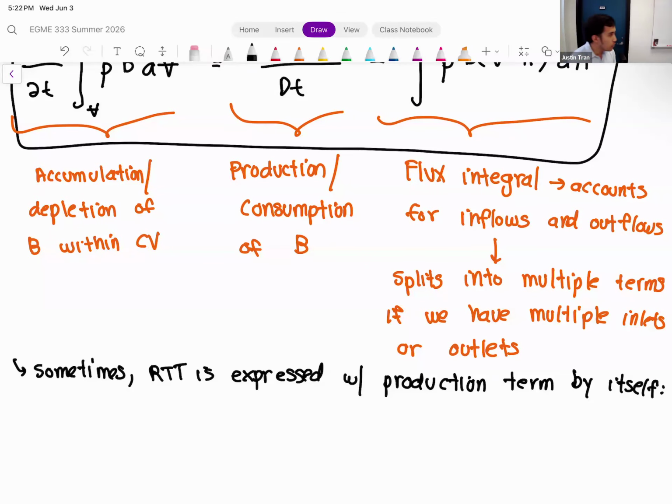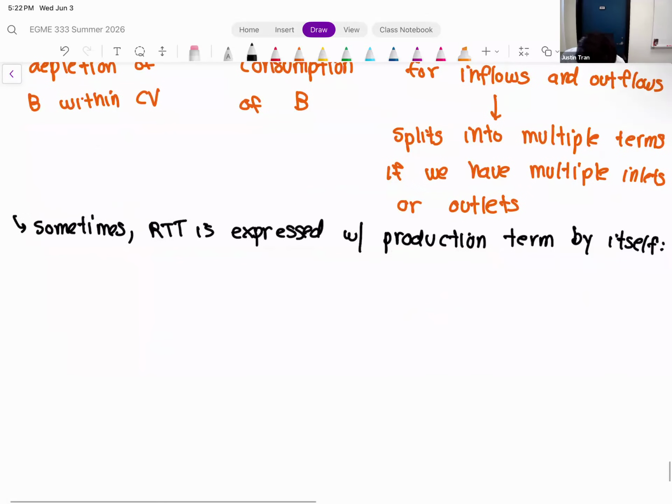And what I mean by that is that the material derivative, we just move that to one side of the equal sign. So all this is just an algebraic manipulation. All we did was move the flux integral to the other side of the equation.